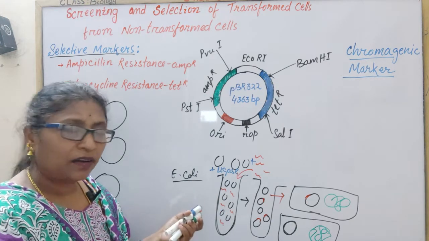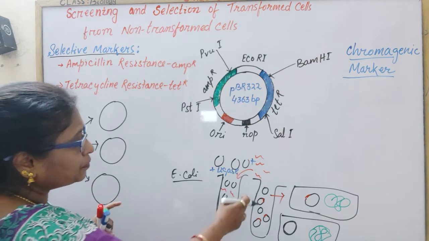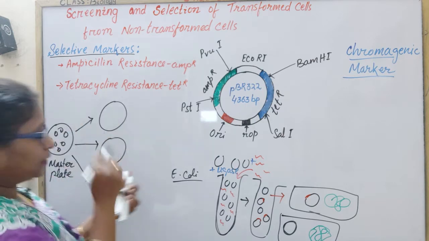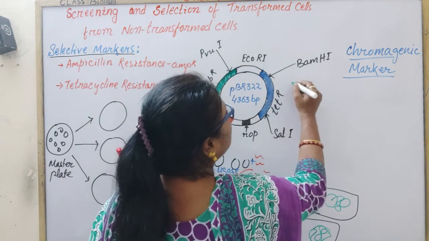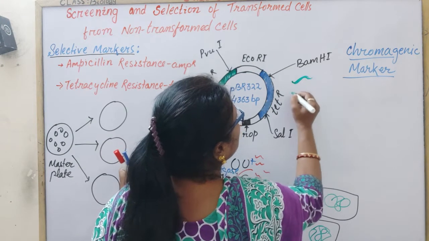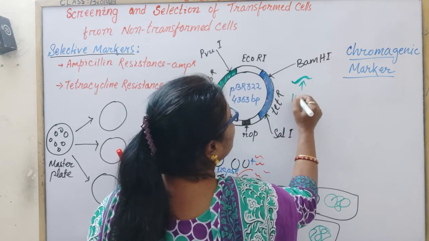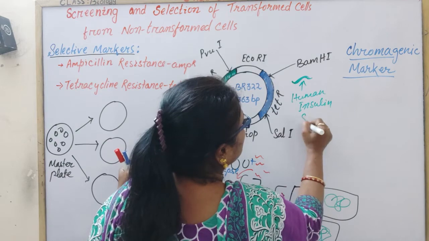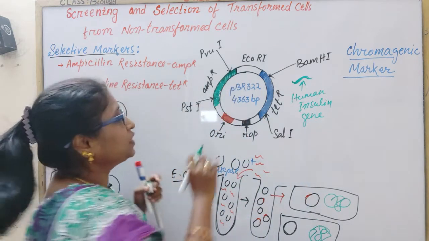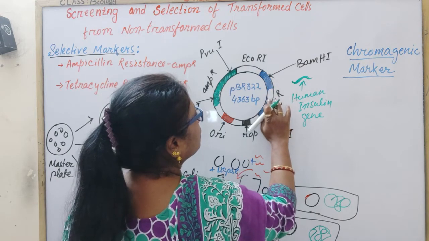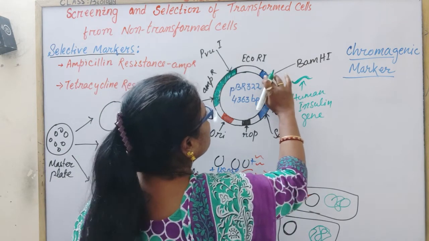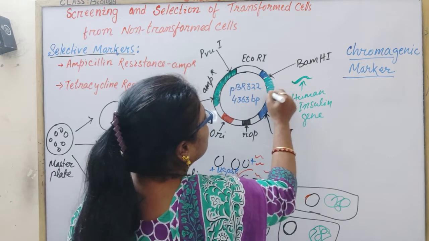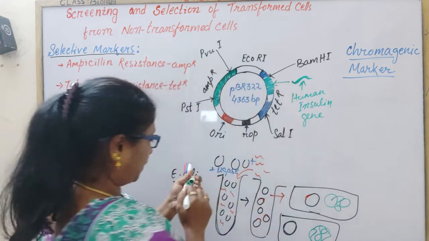Some have not taken any at all, and some have taken the recombinant. Here is another example: let the human insulin gene be introduced into the TetR region. Okay, here it is incorporated.